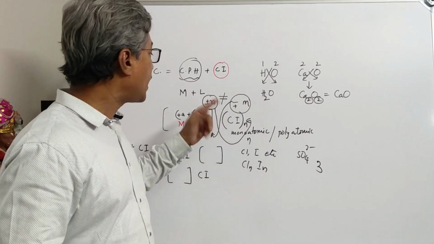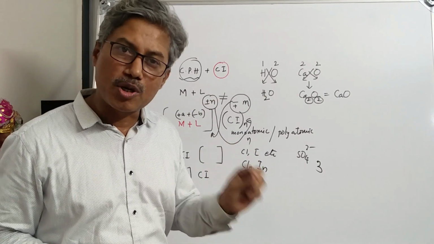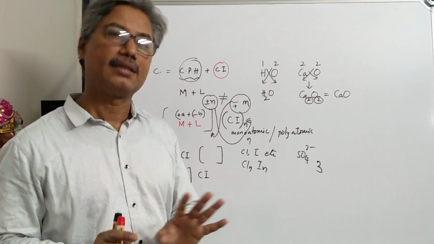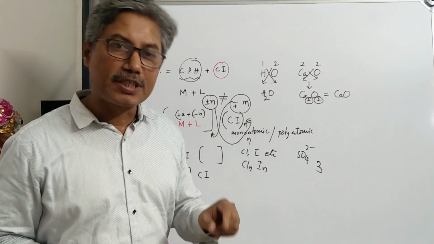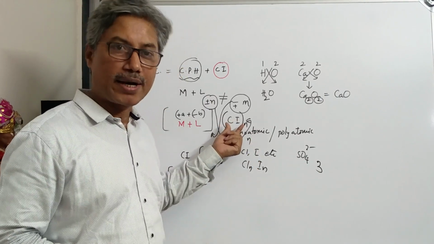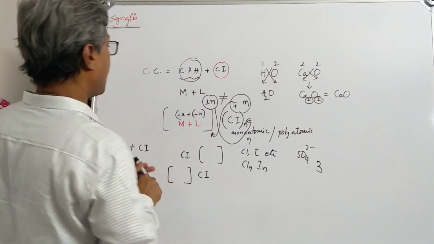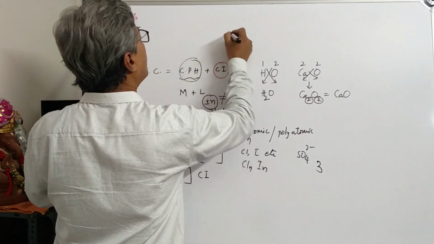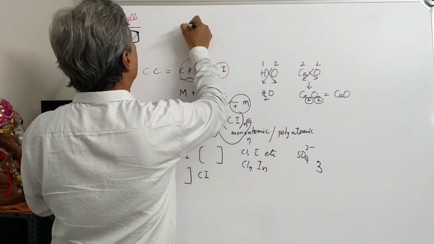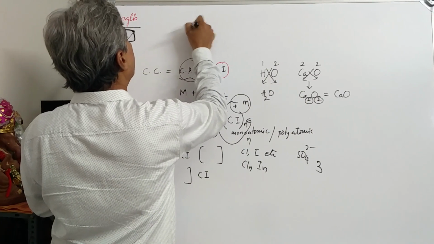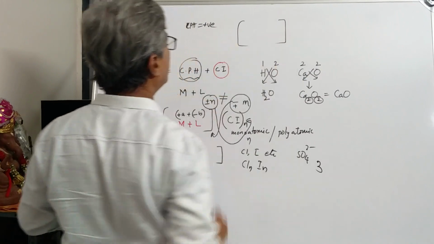Whereas counter ion is either monoatomic or polyatomic. If it is monoatomic, how many times it appears? Just put that number as a suffix. And if it is polyatomic, then you have to use the normal parenthesis. Okay. Therefore, the actual representation of coordination compound formula is, if say coordination polyhedra is positive, then its square bracket should be written first.